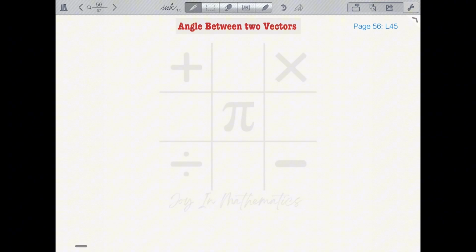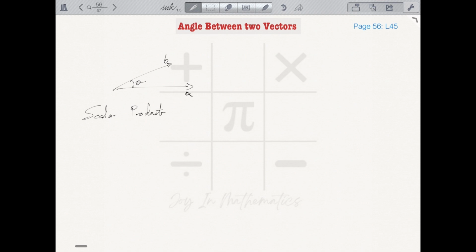Let's continue on vectors. Now we want to learn about the angle between two vectors. So we might have a vector A in this direction, and another vector B in this direction, and we have to evaluate the angle theta. Let's recall the scalar product and vector product formulas, because that's how we'll evaluate the angle between the two vectors.